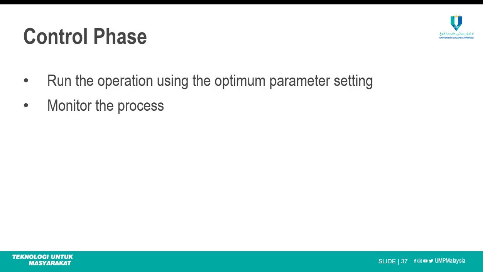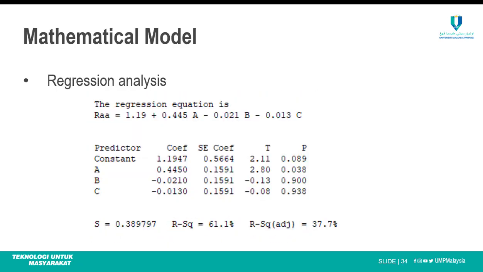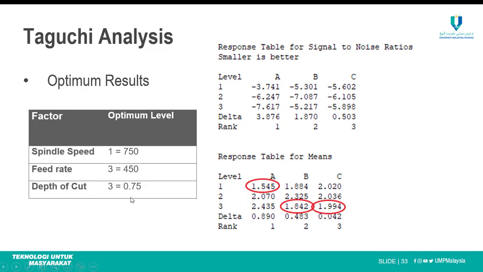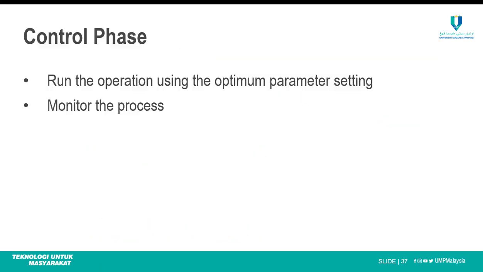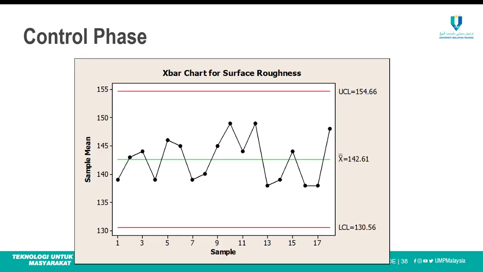This means that when we run this, we utilize this optimum level setting for the input parameters for all of the processes that we run, and then we monitor the process. For that purpose, we can utilize the control chart to observe the output.